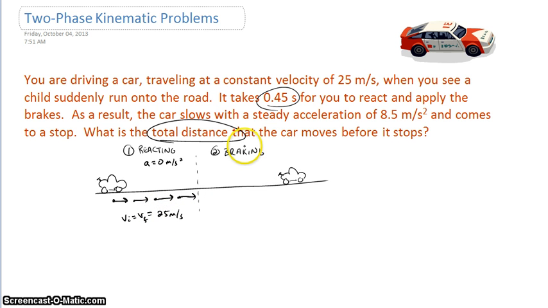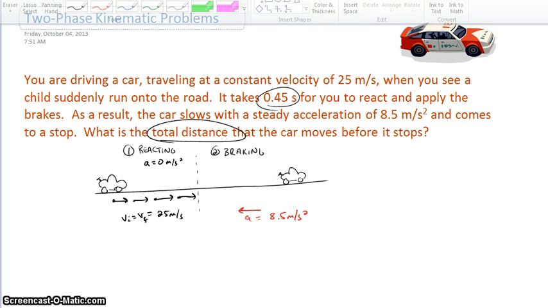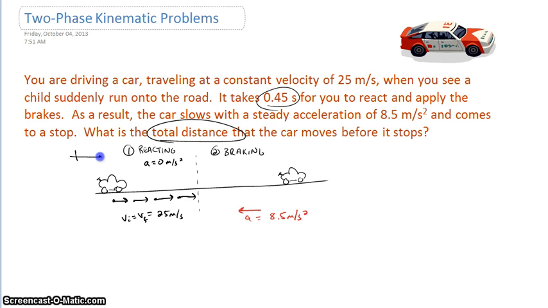This is different. We have a situation where we have an acceleration this way, because you're braking. So we can write that as 8.5 meters per second squared. That's what they tell us it is. Not only that, since the acceleration is going this way and your car is going this way, we need to choose an orientation. A lot of people like to choose right to be positive.